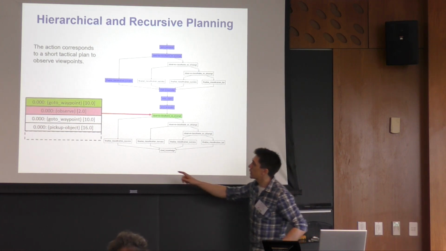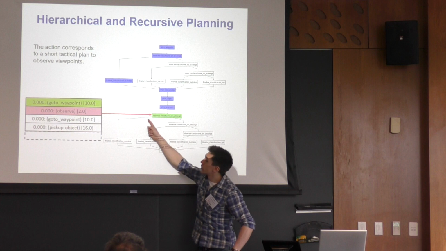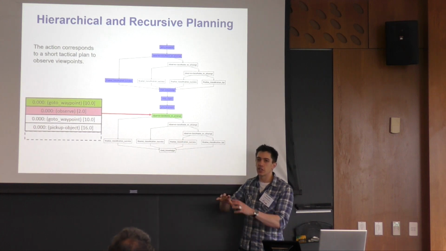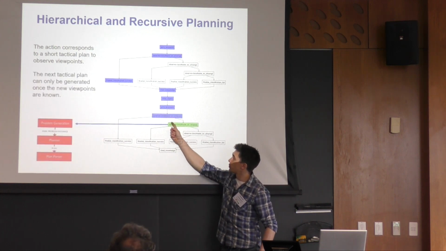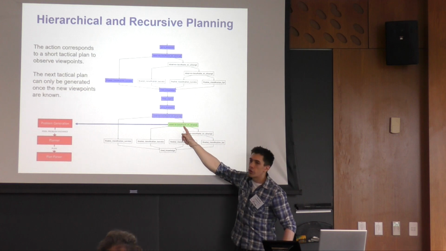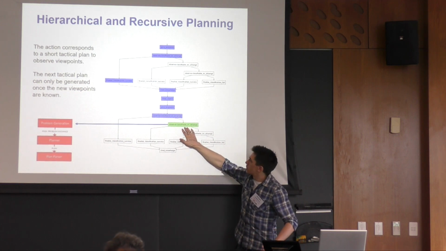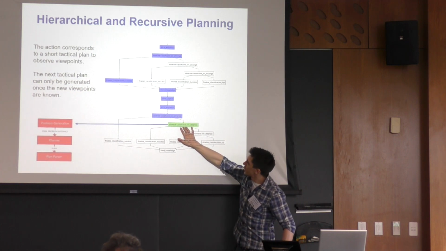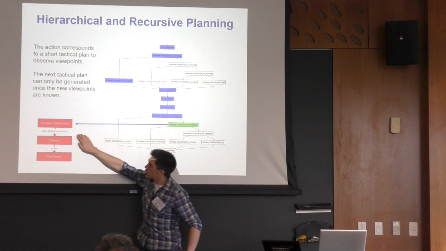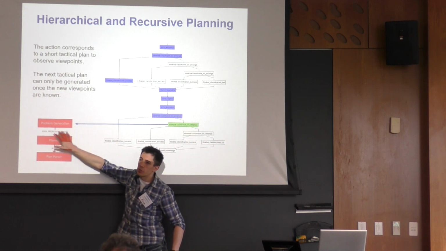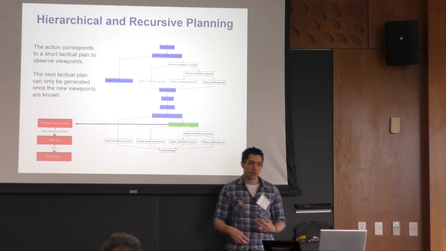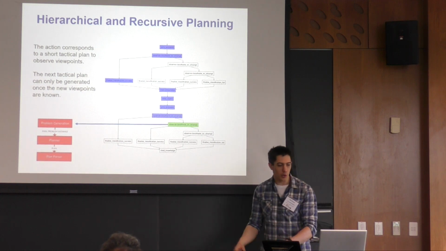But in this case, the failure might return new view cones, these discriminatory view cones from which to view the object, in which case when you move on to the next observe classifiable upon attempt action, you can use these in the new problem generation. You don't have to do the planning until you reach that portion of the environment.